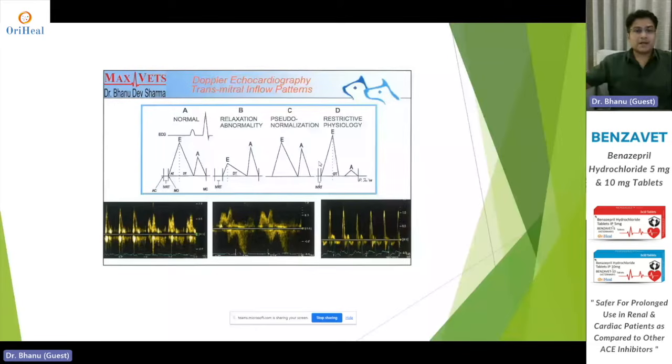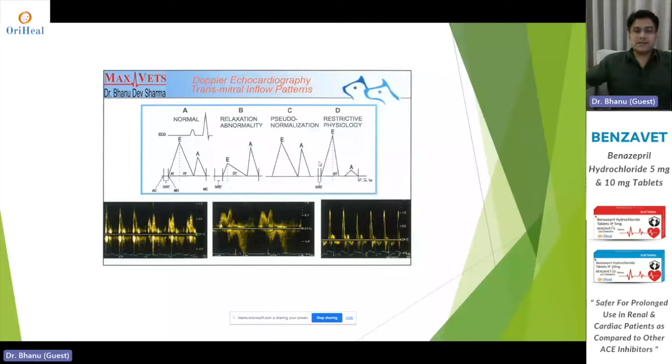The left ventricular end diastolic pressure is constantly increasing, and there comes a time when there is pseudo normalization in which the E and A wave appear normal but they are not normal. So that is pseudo normalization.